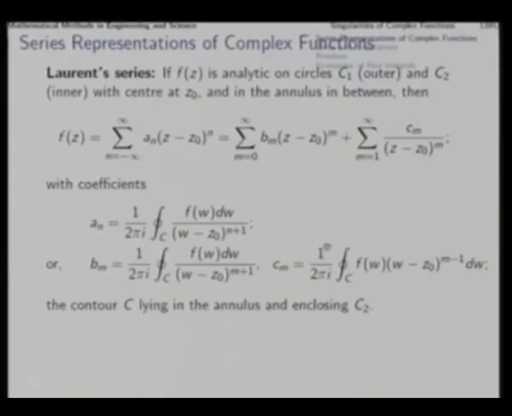So, in this expression itself, if you put minus m in place of n, you get this, and if you put m, you get this. So, m here is everywhere positive. In this expression, n is positive for these terms and negative for these terms.